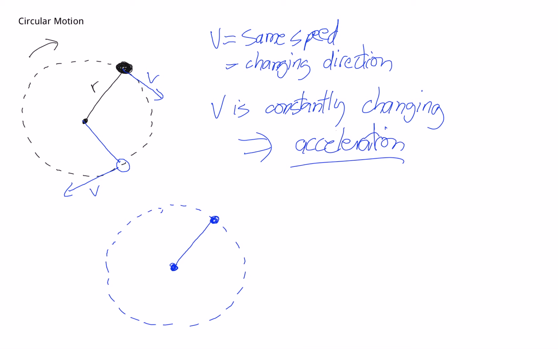In this case, our acceleration will always be going inwards because that's the way we're pulling it. If you're spinning something around and around, you're pulling it towards the center. So our acceleration will be inwards towards the center, no matter what location. We call that centripetal acceleration.